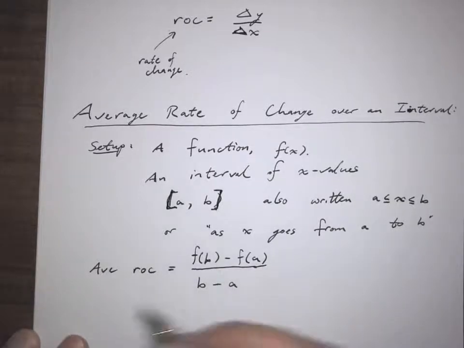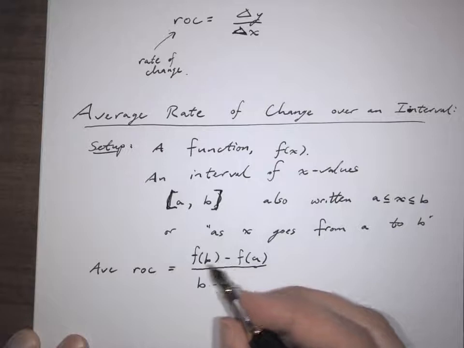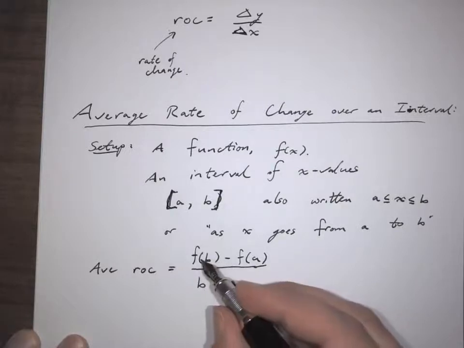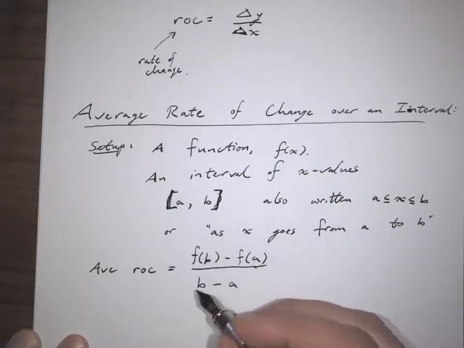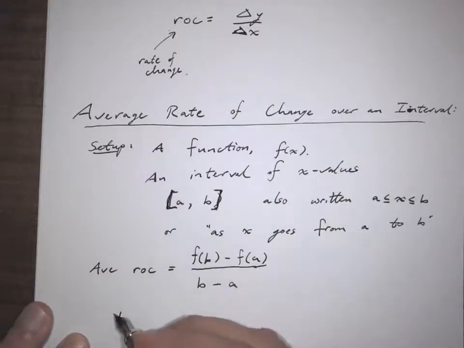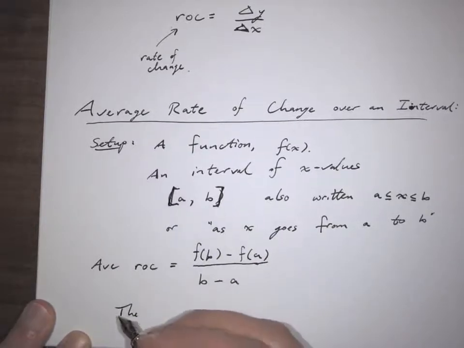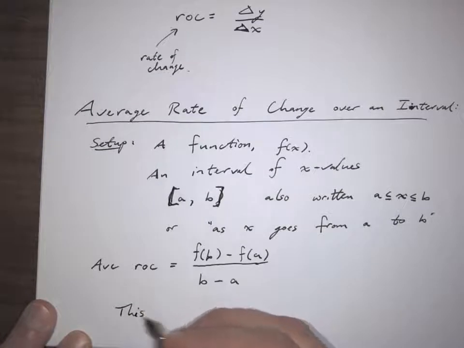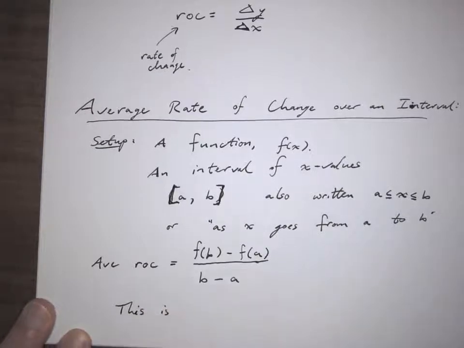Now, this formula may look very familiar. If you think about what these all mean, this means a y value minus a y value. This means an x value minus an x value. So this is the same formula as how you would calculate the slope of a line.